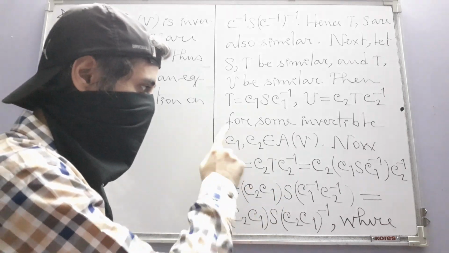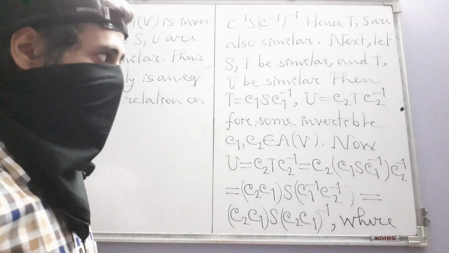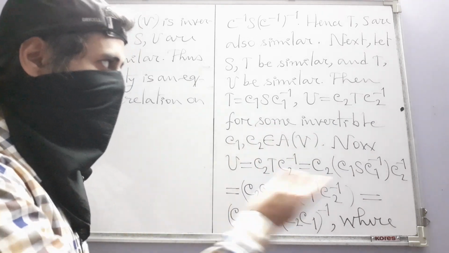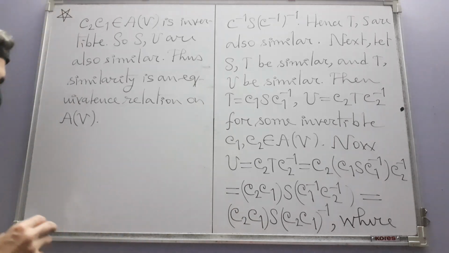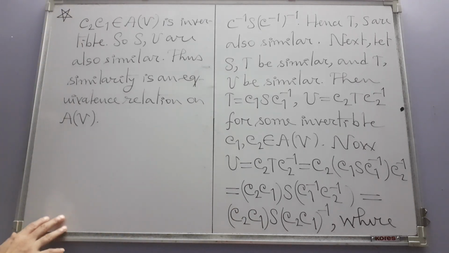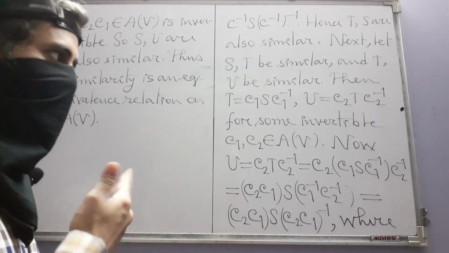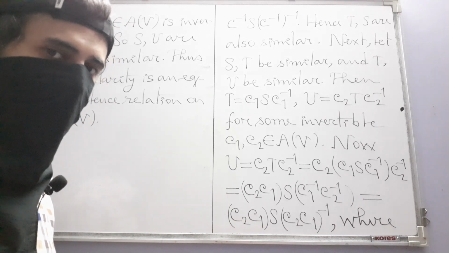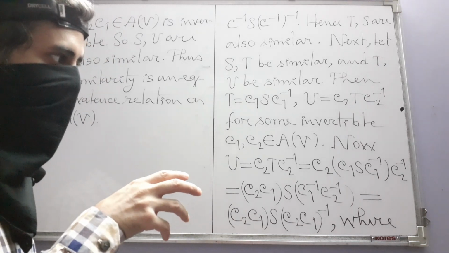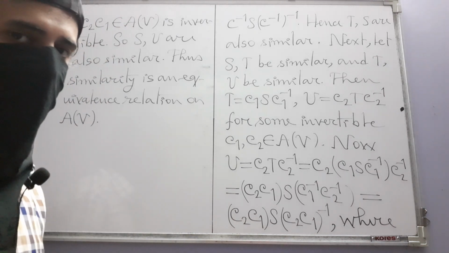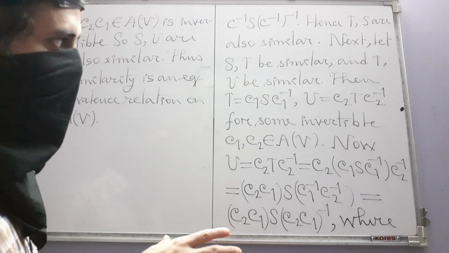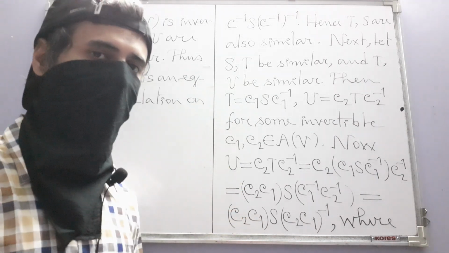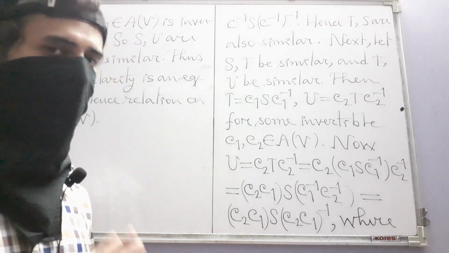Only the invertible elements do. Here, however, our relation relates non-invertible elements as well. Any two operators. They may be related, may not be related, that's a different thing, but they come under the scope of our relation. So that is why this similarity relation, although it looks like conjugacy from group theory, is not the same thing.